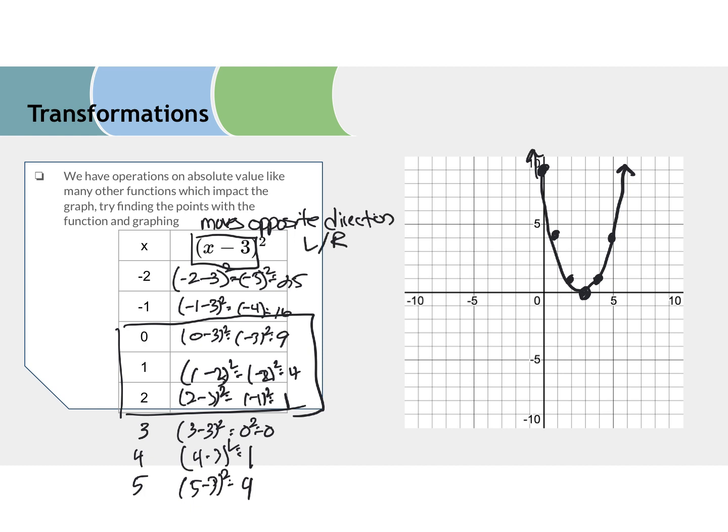Since this was a -3, it actually moved the graph 3 to the right. So again, here's my vertex. Previously the vertex was 0, 0, but it got shifted 3 to the right. So now it's 3, 0.